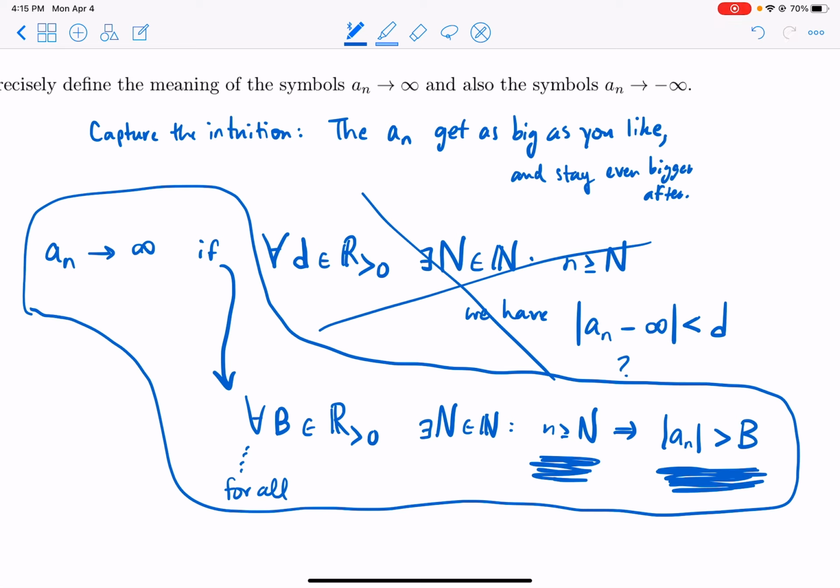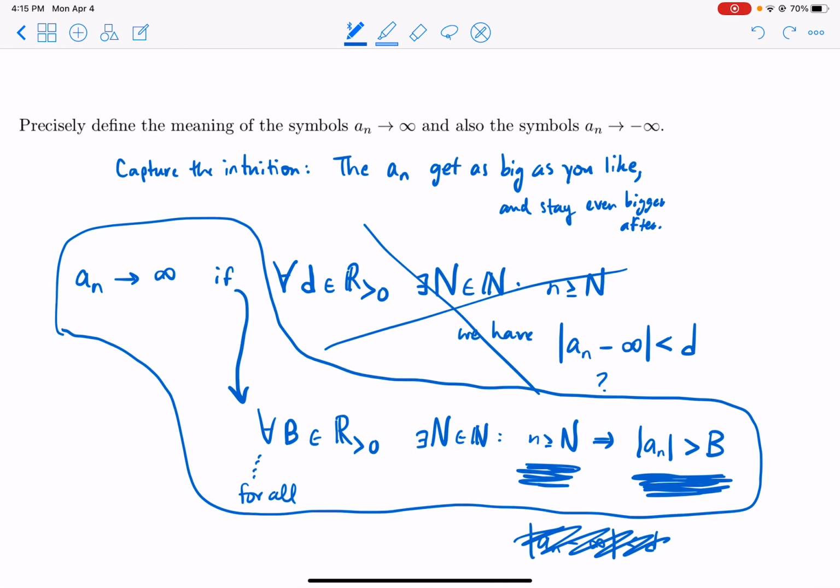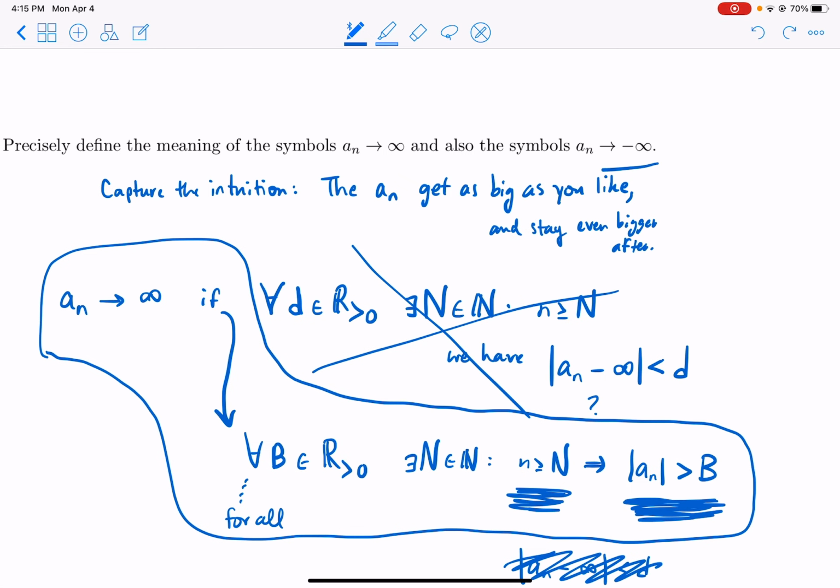Okay. Great. And so this is how we sort of escape the problem of we can't do a sub n minus infinity less than d, which would be converging to infinity. This doesn't really make sense, but this does make sense. Okay. Now, what about negative infinity?